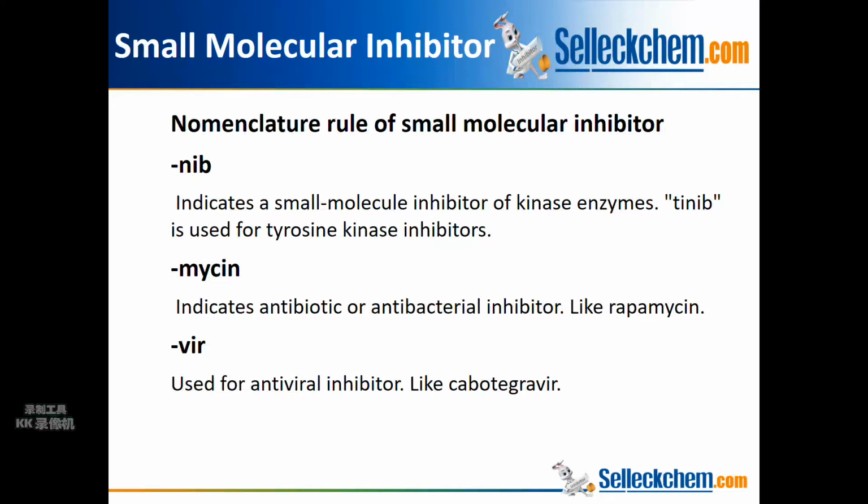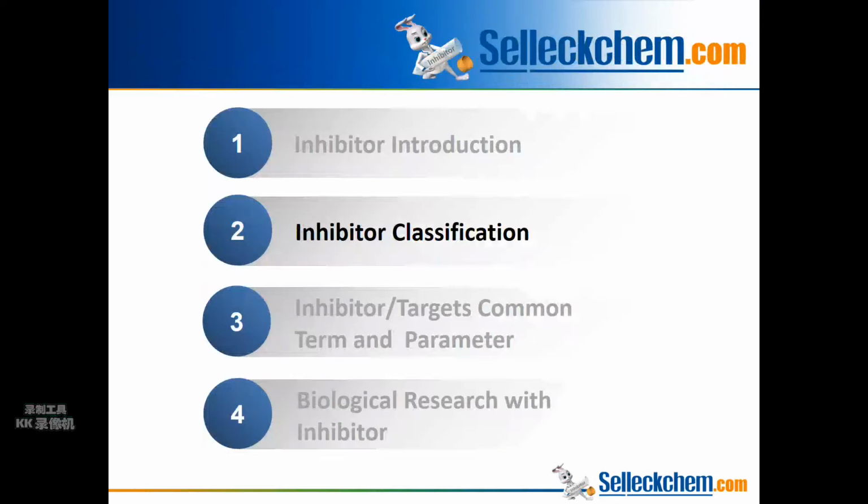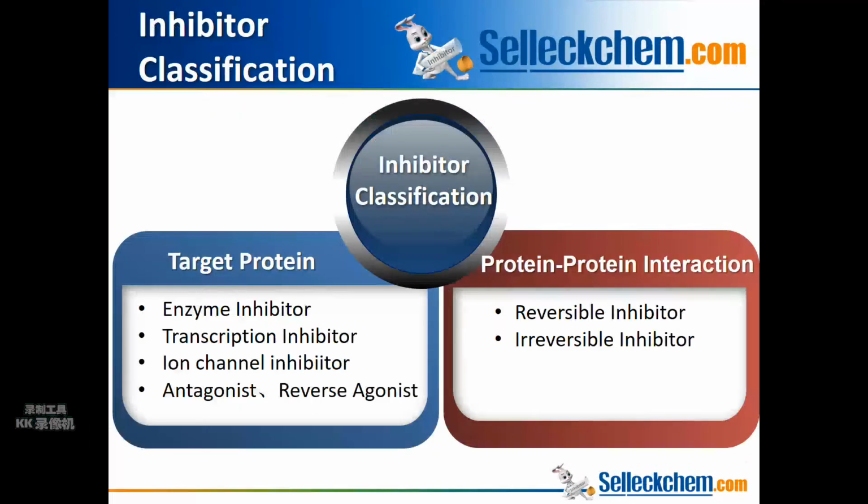The next topic is inhibitor classification. There are 2 classifications. One is according to the target protein of inhibitor. This is what we talked about previously. The other is according to the combination of the inhibitor with target protein.